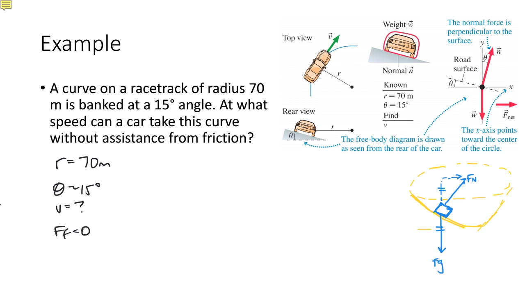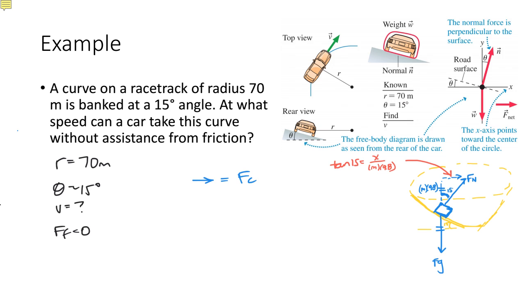If this angle of the hill is 15 degrees, then the angle right here is also 15 degrees. We know that this side is equal to our force of gravity, so we can call that mass times 9.8. We want to set our centripetal force equal to this part of the triangle right here.